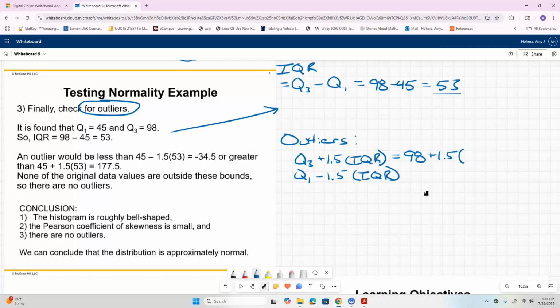Forgot to write that down, what I was calculating. So the IQR is these two numbers subtracted, so 1.5 times 53. And so 98 plus 1.5 times 53 gets us 177.5.